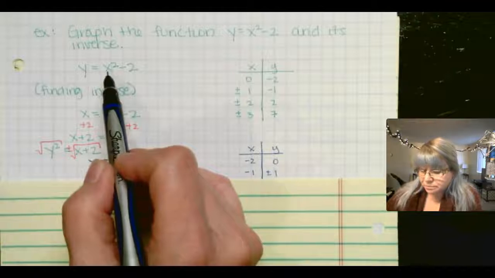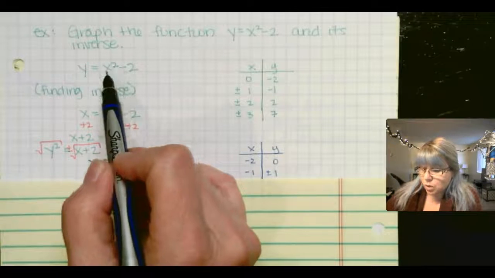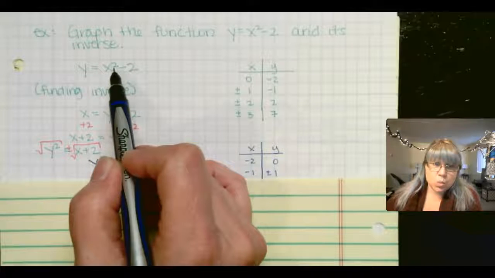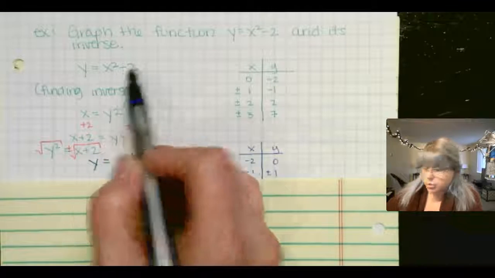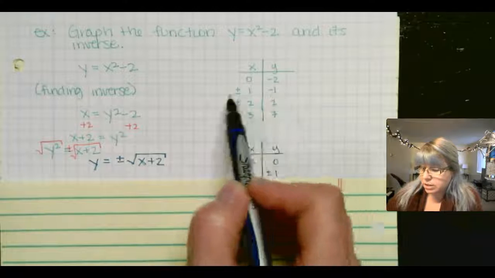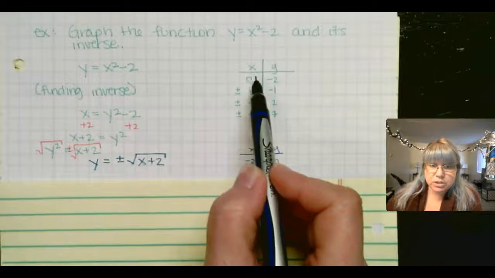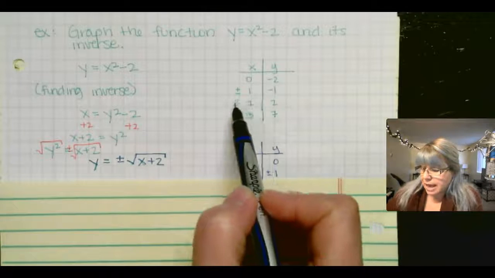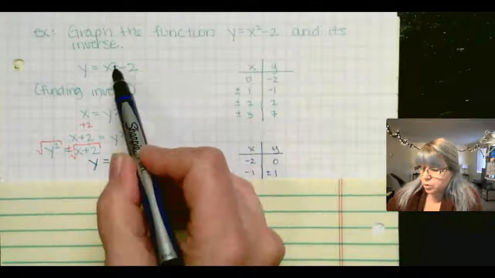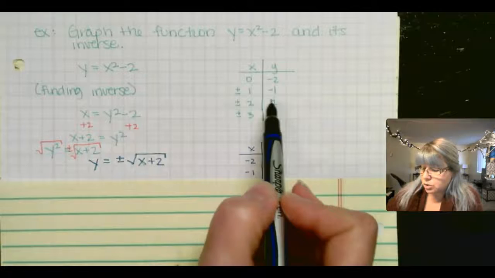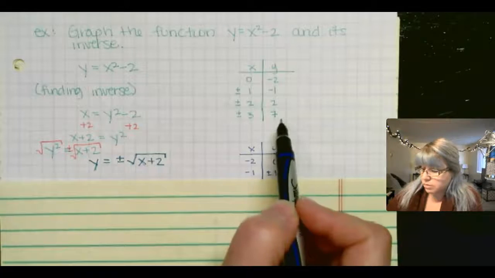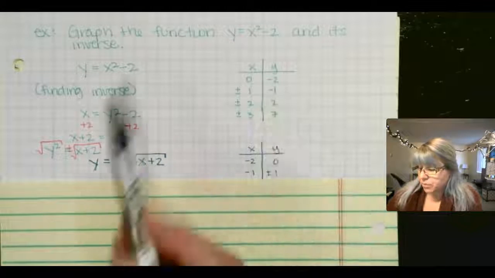Let's plug in 1. 1 squared is 1, minus 2 is -1. -1 squared is 1, minus 2 is also -1. So I just did it as a shortcut so I wouldn't have to write out a whole bunch of values. And you'll see 2. 2 squared is 4, 4 minus 2 is 2. -2 squared is 4, 4 minus 2 is 2. And so on and so forth.